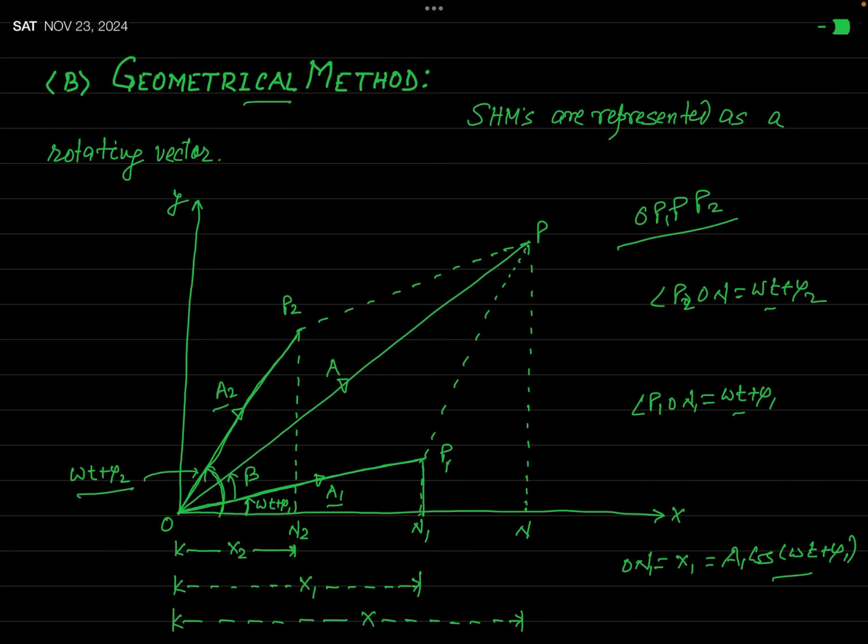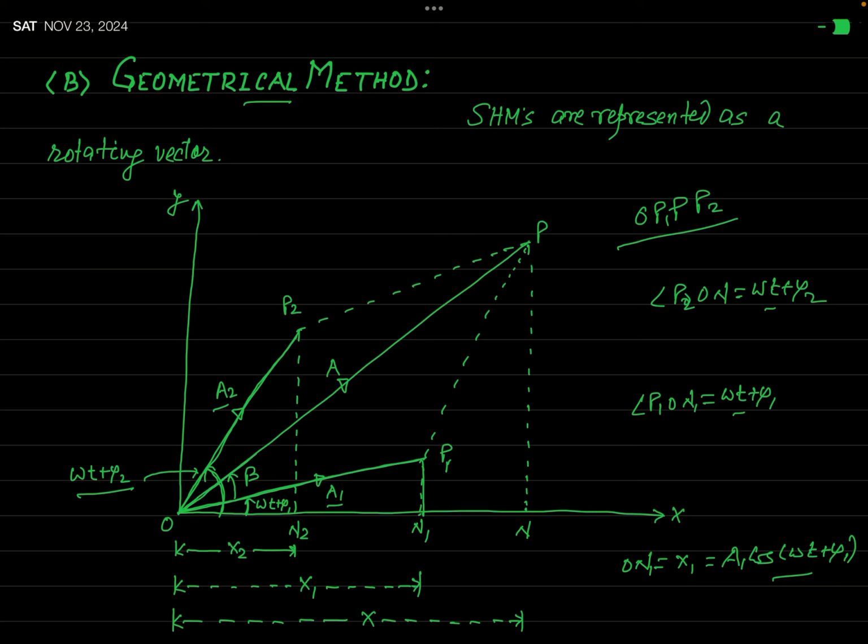Now, definitely in your lower classes you have studied the parallelogram law of vector addition. When we represent the two adjacent sides of a parallelogram by two vectors, then the resultant of those two vectors is represented by the diagonal of the parallelogram which passes through the point of intersection of those two adjacent sides.